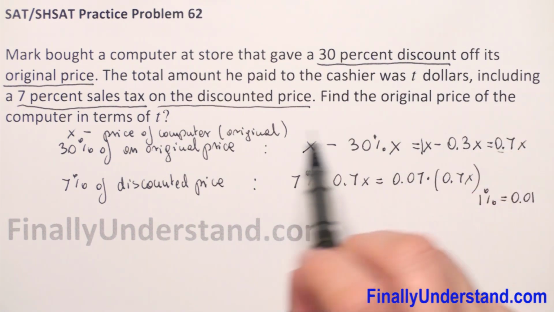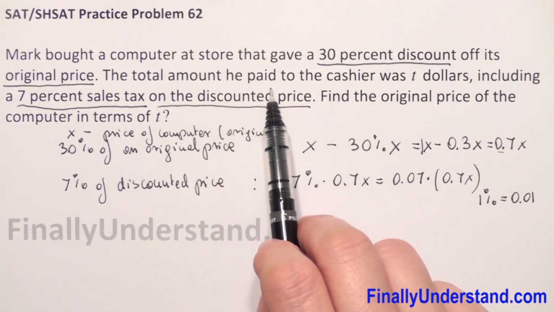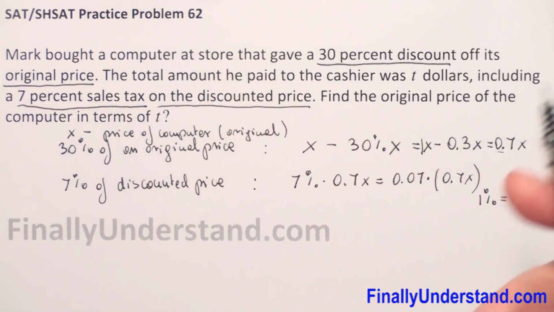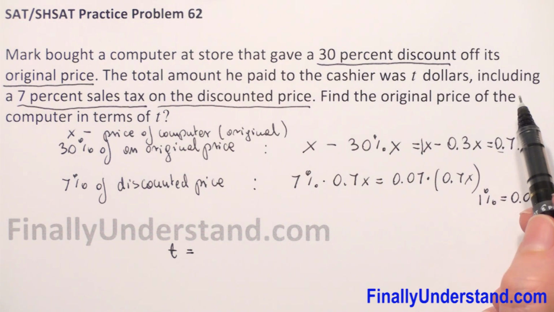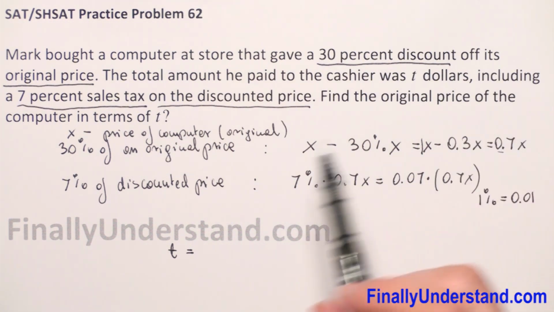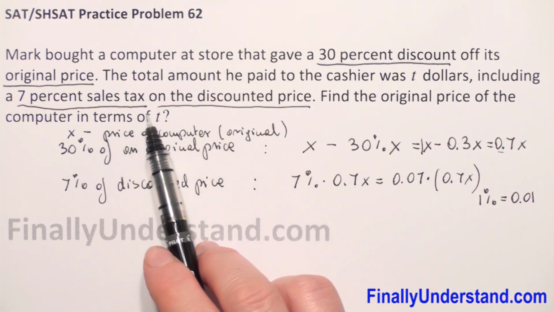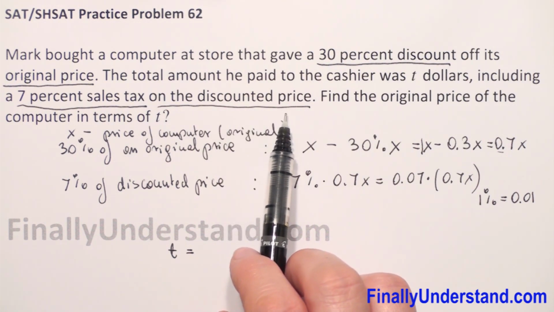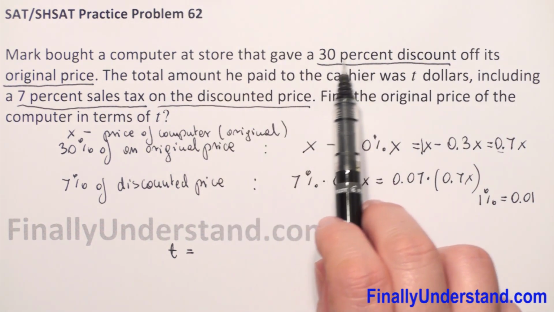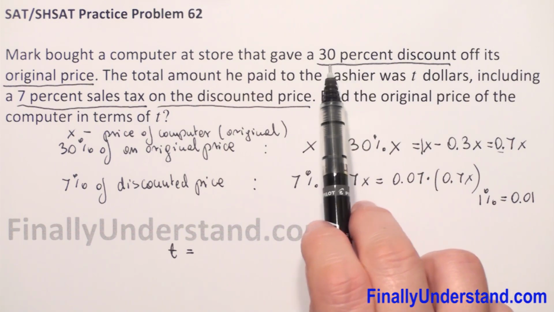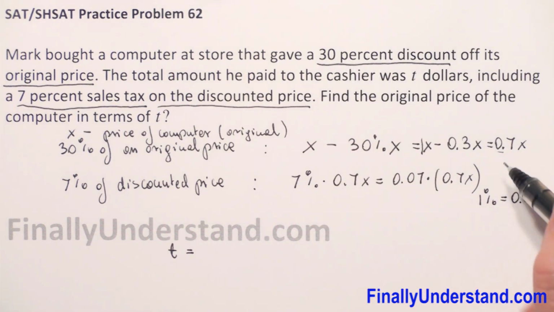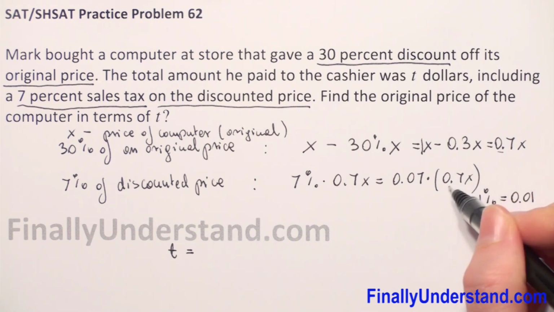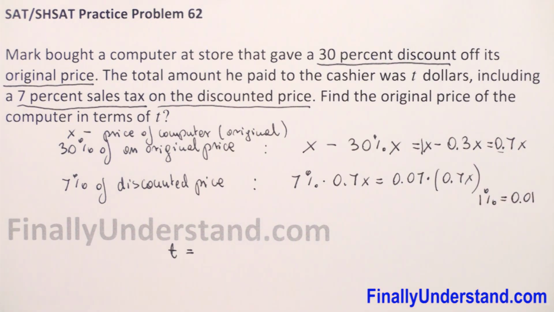We know that the total amount he paid to the cashier was T dollars. The total includes the 7% sales tax on the discounted price and the price which he paid after discount. So we have to add these two expressions. This is the total amount he paid.